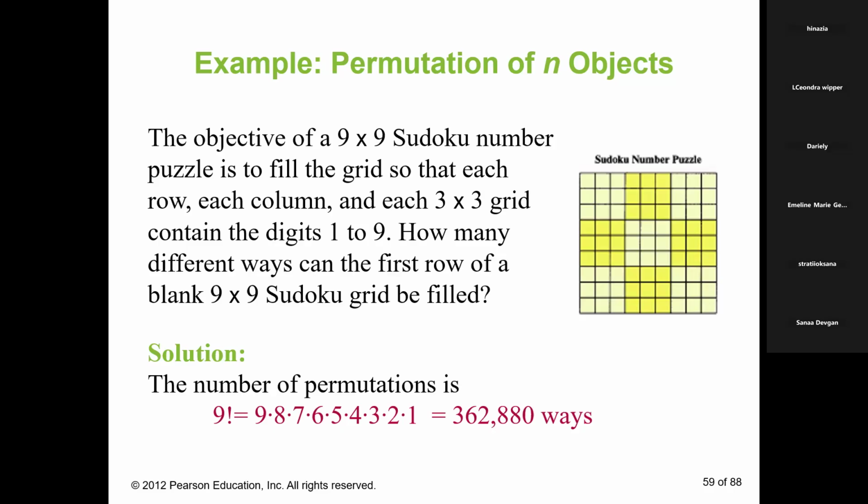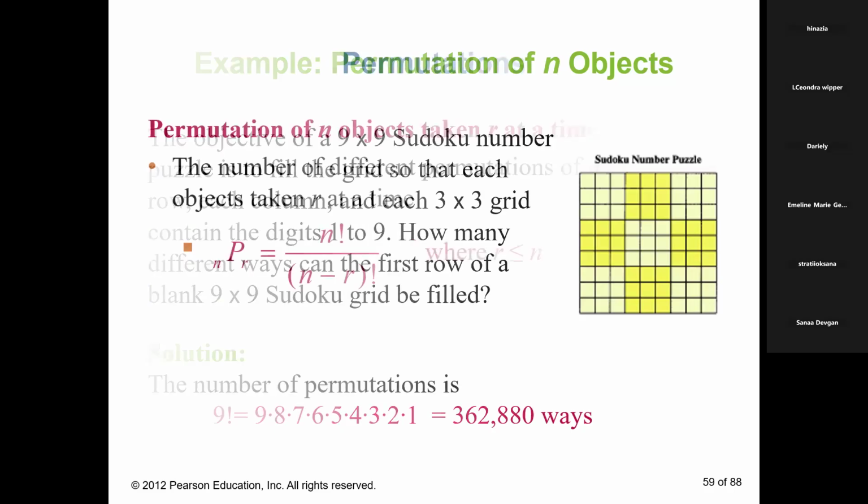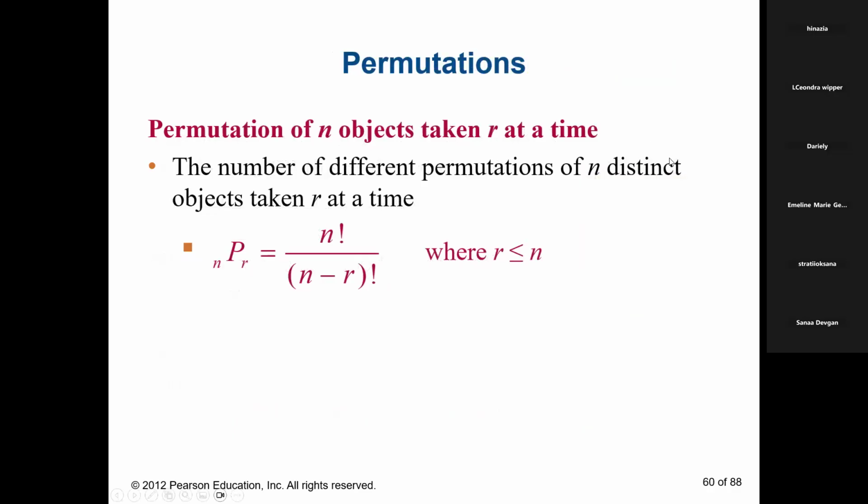Let's continue here. Okay. The formula you need to use to find the number of permutations is this formula. nPr is n factorial over n minus r factorial. So keep in mind, anytime you talk about permutation, order is important.